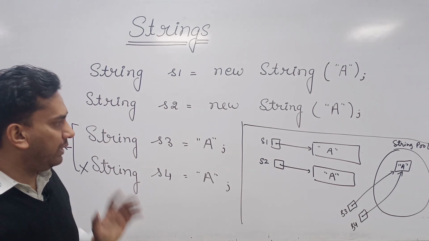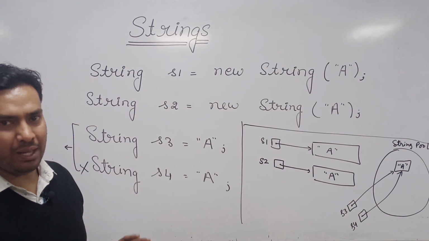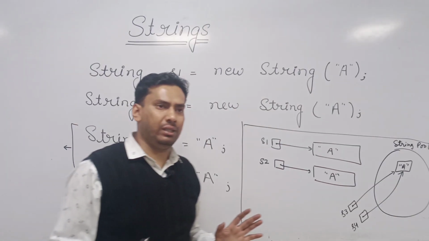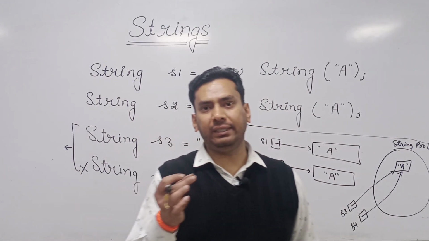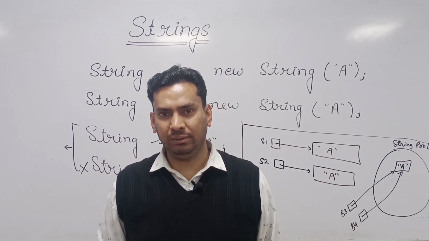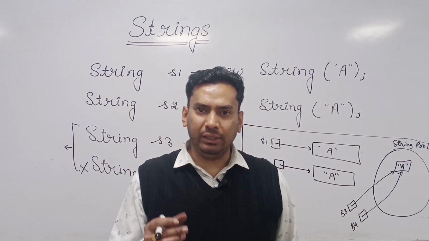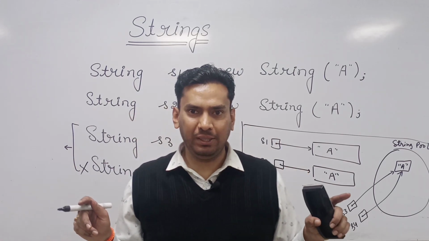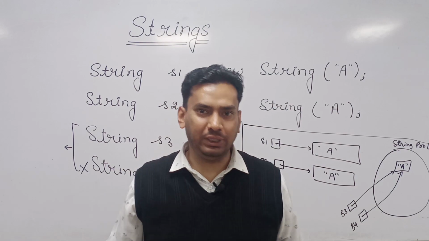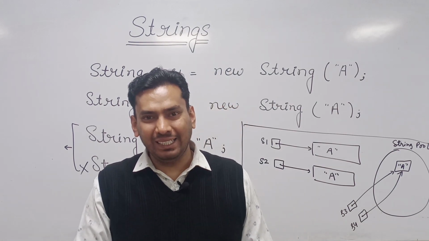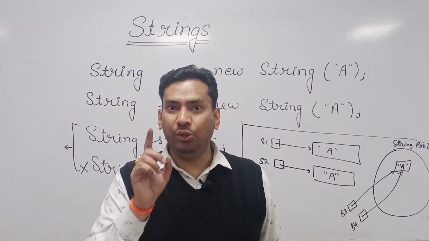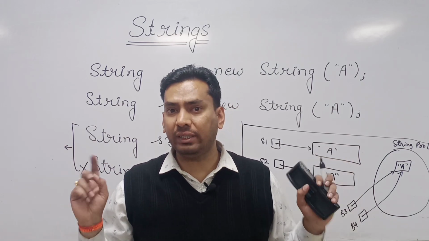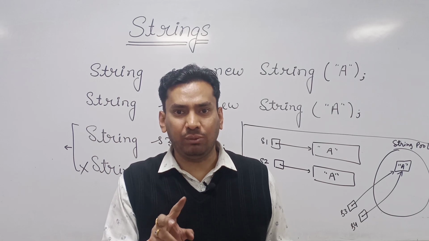Now how can you verify this? A very simple solution is using the double equal to operator. There is a disclaimer here, a caution statement: string contents are not compared using the double equal to.